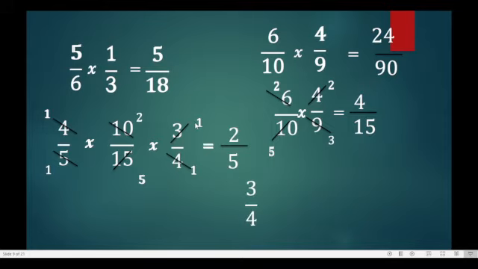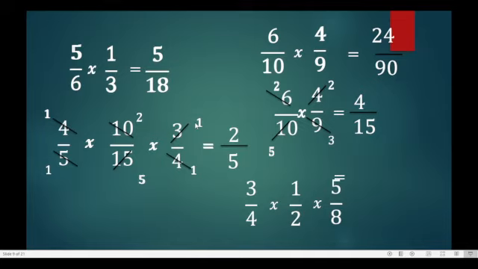Another, we have 3/4 times 1/2 times 5/8. So do we have a number that can be cancelled? No number can be cancelled. So let's multiply.